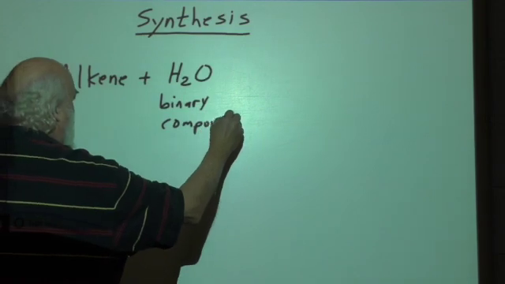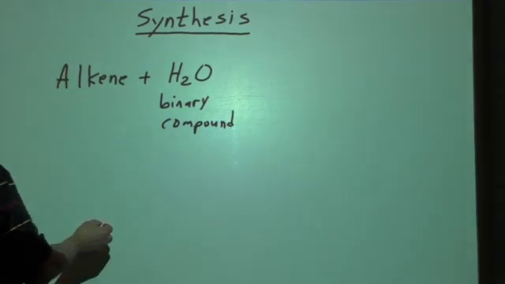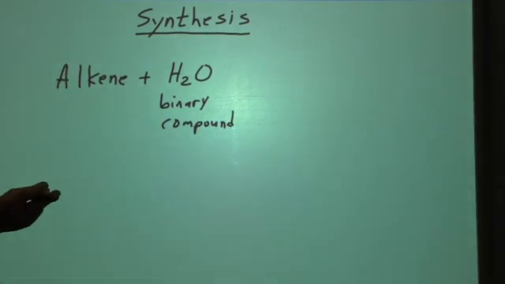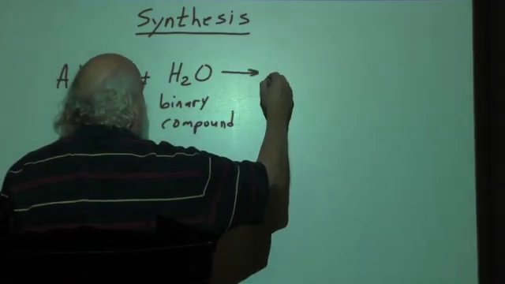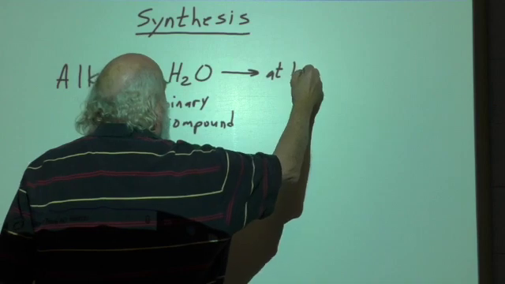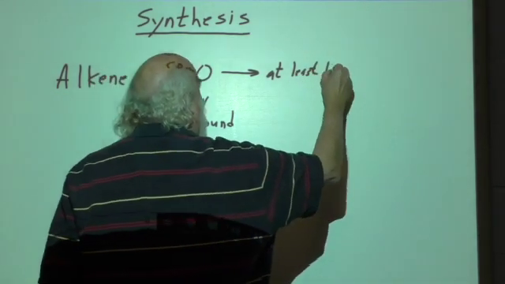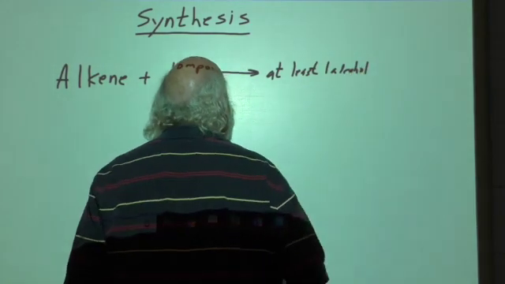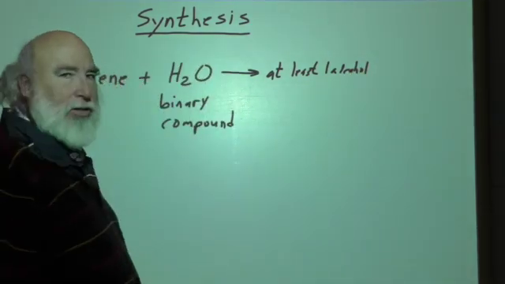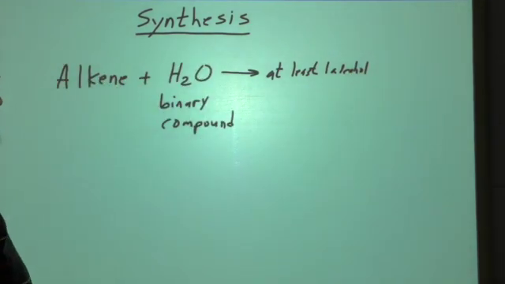And I'll discuss what that means in just a little bit. An alkene, as you know, has a double bond in it. And when this adds together, this gives you at least one alcohol and no byproducts. This is a pretty clean reaction.